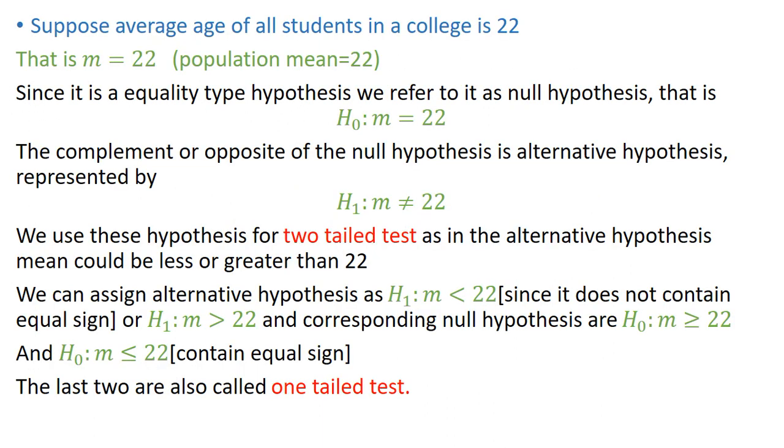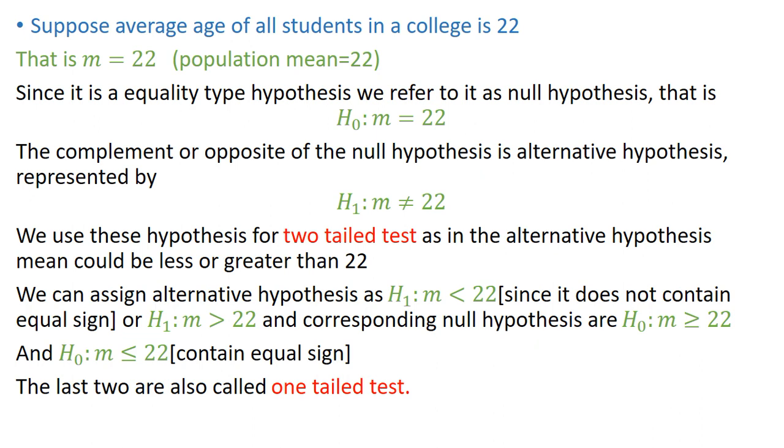Okay, here is an example. Suppose the average age of all students in a college is 22. So that is the population mean, mu equal to 22. Since it is an equality type hypothesis, we refer to it as the null hypothesis.